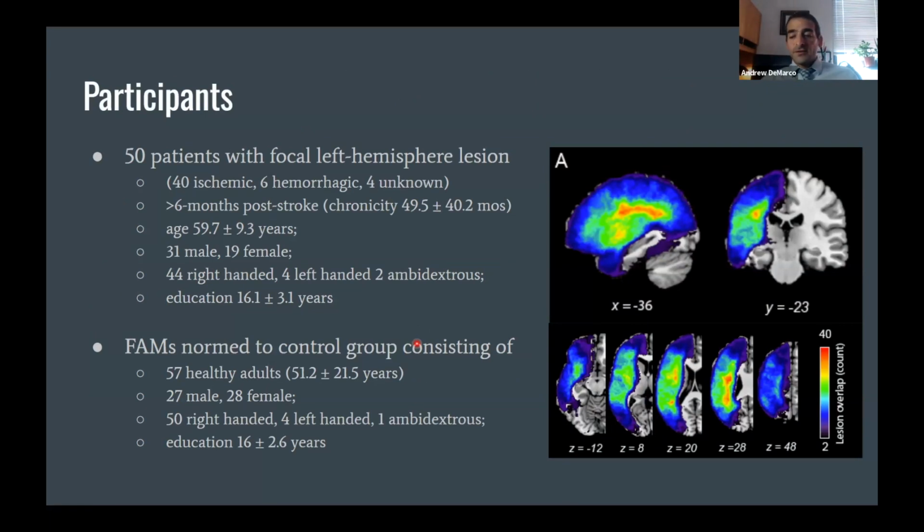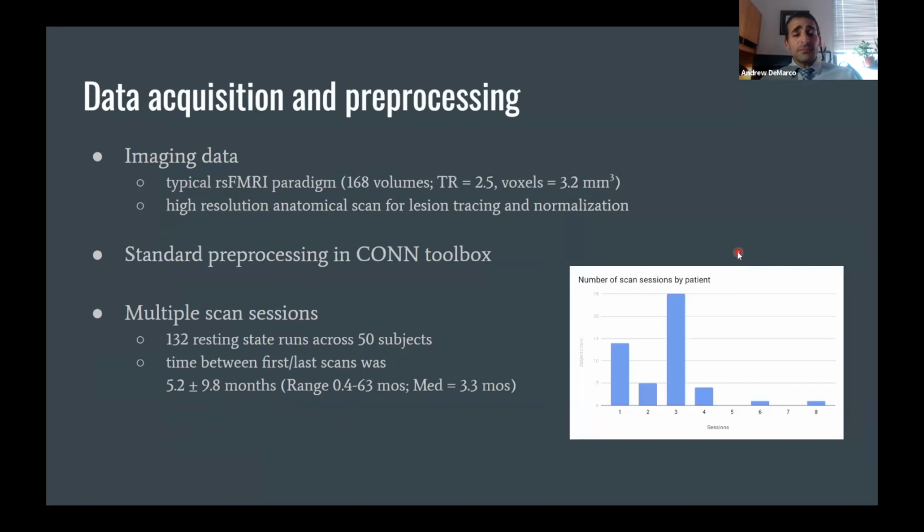And so there's the lesion overlap on the right. You can see typical MCA distribution. So each of these patients and each of these control subjects did a resting state scan, and they had an anatomical image for lesion tracing and normalization.